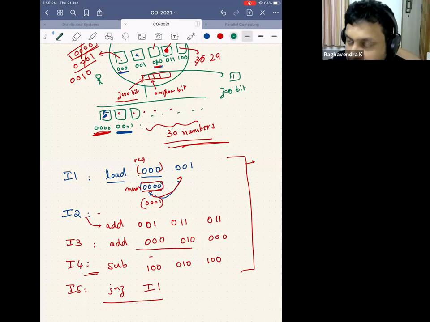If the resultant of any subtract instruction is not 0, then this will have 0. It's just telling whether the most recent subtract instruction resulted in a 0 or not. If it is 0, it sets itself to 1. If it is not 0, it sets 0.